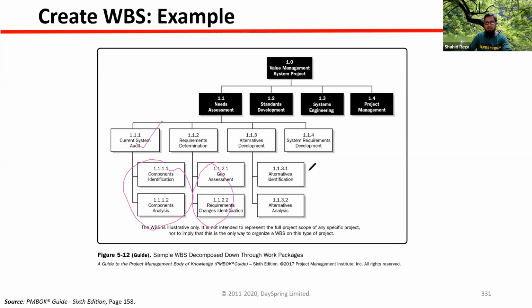These are not work packages, right? These are components or deliverables. But these lowest levels are known as work packages. And this 1.2.3.4, these are not shown. Only this component is shown in detail in PMBOK as a sample.